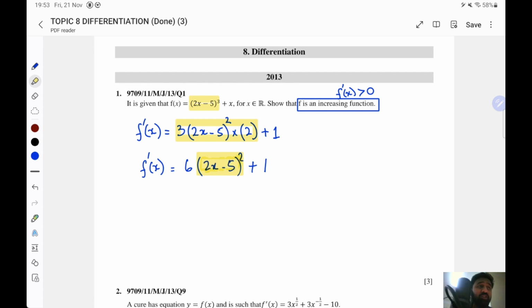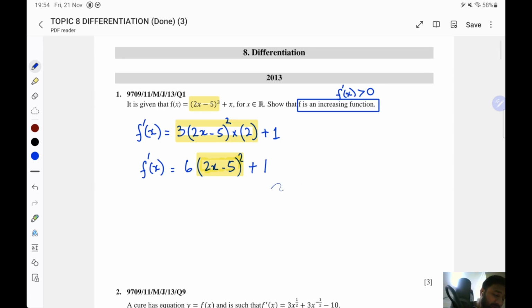Whichever value of x we substitute, even if it gives a negative answer, ultimately it will come out as a positive result because of the square. So f dash of x is always positive, which means it is an increasing function. Let me write it here: f dash of x is greater than 0 for all real values of x.